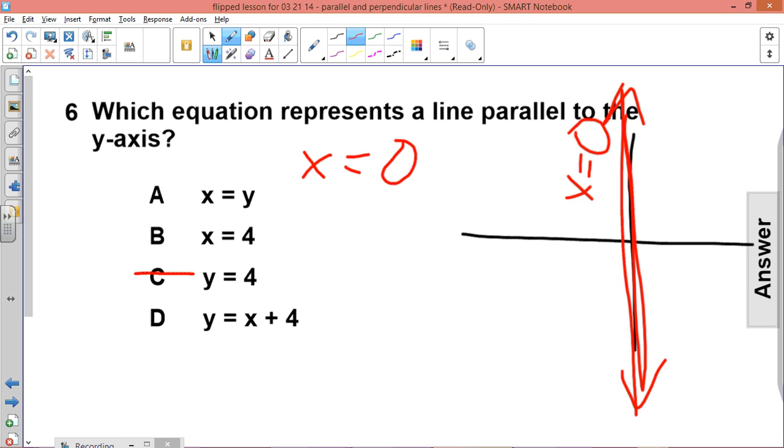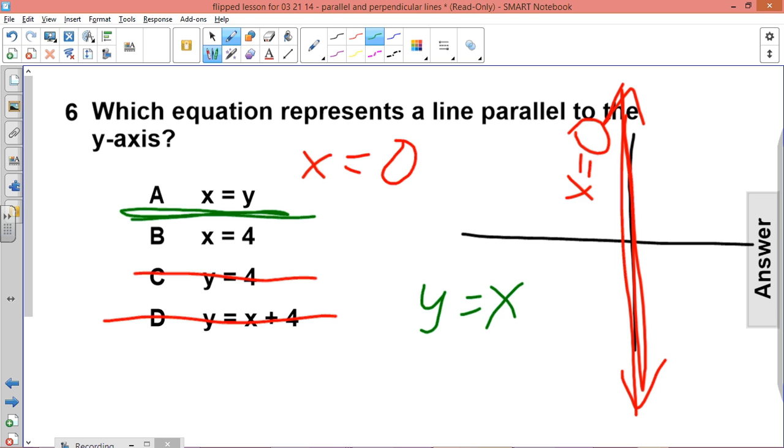All I need now is another thing that looks like that, x equals 0. Well, we can immediately cross off the y equals options. However, we have two now that look like they might be pairs. X equals y and x equals 4. Do not be fooled, however. This one is not your friend. X equals y, or y equals x, is the line that looks somewhat like that.